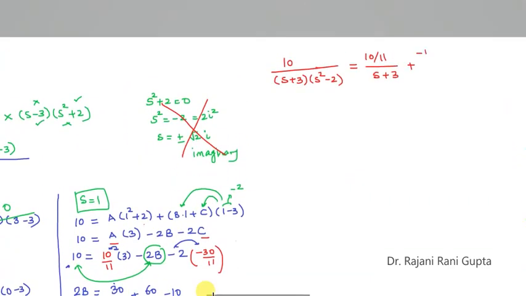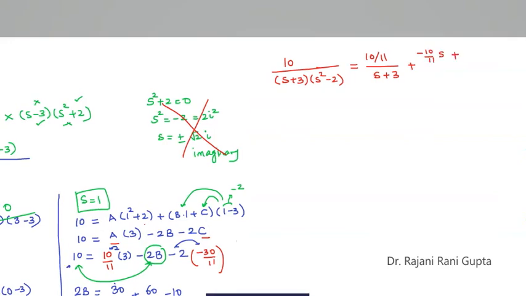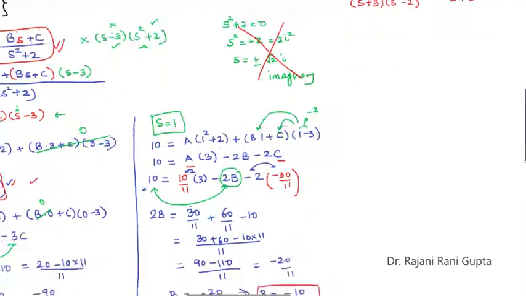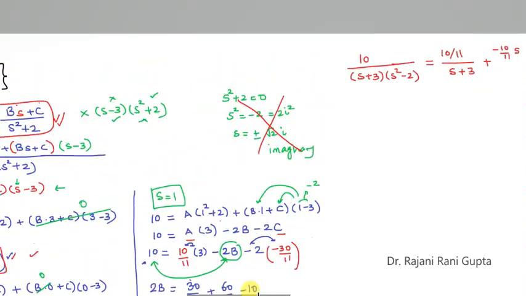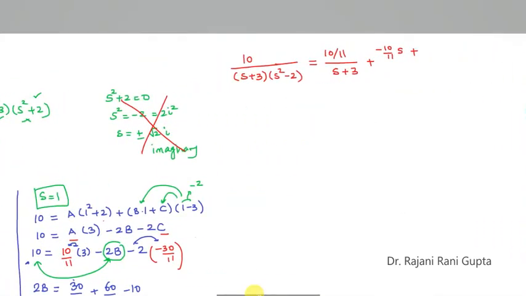So minus 10 over 11 s, plus, what is the value of C? C is minus 30 over 11. So this plus minus becomes minus 30 over 11, and whole divided by s square plus 2.